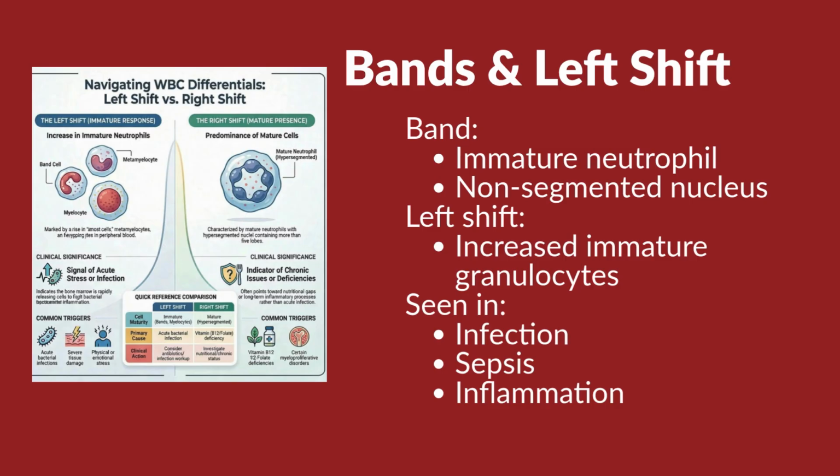It's very much seen in sepsis, in individuals that come into our hospital, so we will see lots of bands. Remember, increased immature neutrophils are released into the circulation. Bands and left shifts are very important concepts in hematology, and a very tested topic.